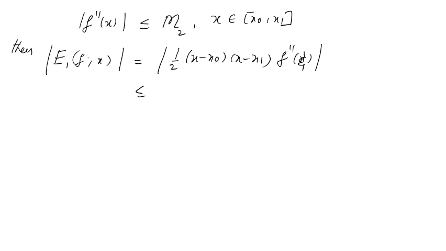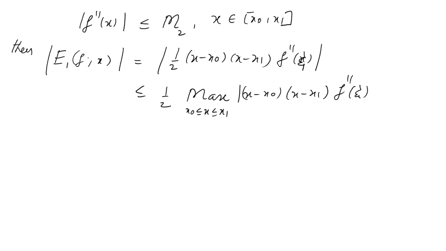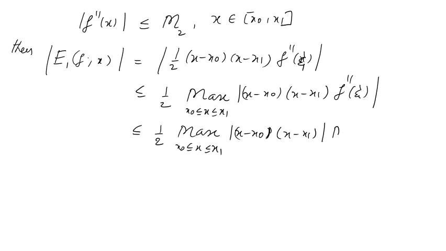Then this is less than or equal to 1 by 2 times the maximum over x0 less than or equal to x less than or equal to x1 of modulus of (x minus x0) modulus of (x minus x1), times f double dash xi, modulus, which is M2.